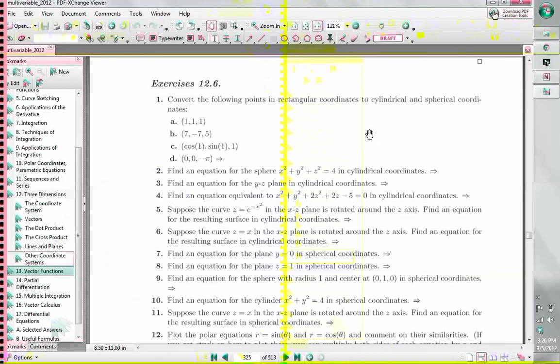What about b, I guess, while we're talking about this? Let's do cylindrical. So r is determined by those 2 7s, right? What's that, like root 98 or something? Whatever that is. Angle?